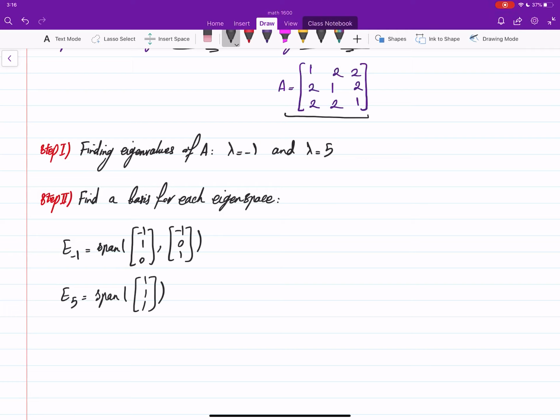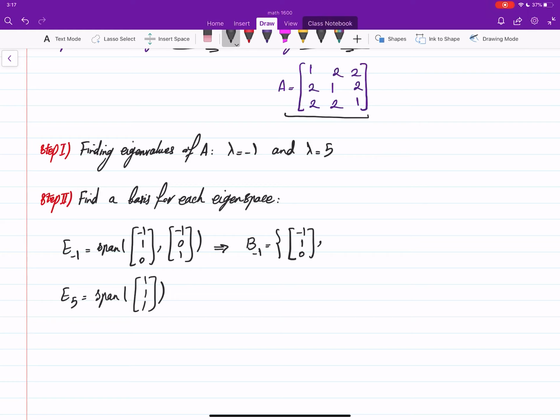From here, let me call it B of -1. So we can form a basis for E of -1. Just take these elements.